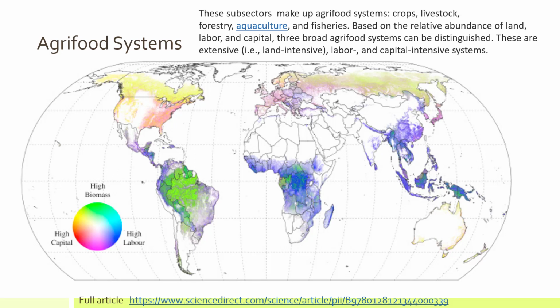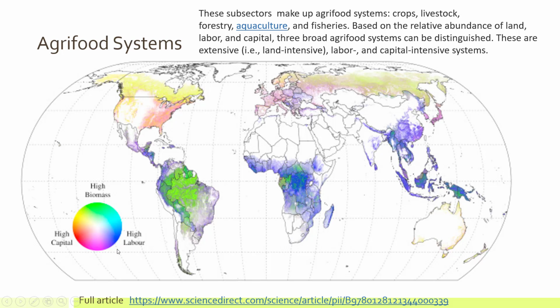ecosystem services is increasing. These subsectors that you see on this map of crops, livestock, forestry, aquaculture, and fisheries were put into a study and looked at the data sets as it relates to high biomass, which is abundance of land, and then labor and capital.